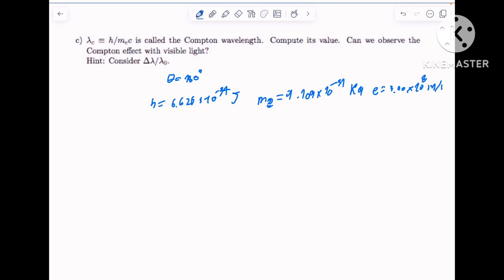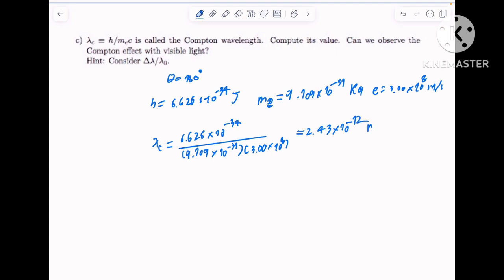For the formula, lambda C equals 6.626 times 10 to the power of minus 34 over 9.109 times 10 to the power of minus 31 times 3.00 times 10 to the power of 8, equals 2.43 times 10 to the power of minus 12 meter.